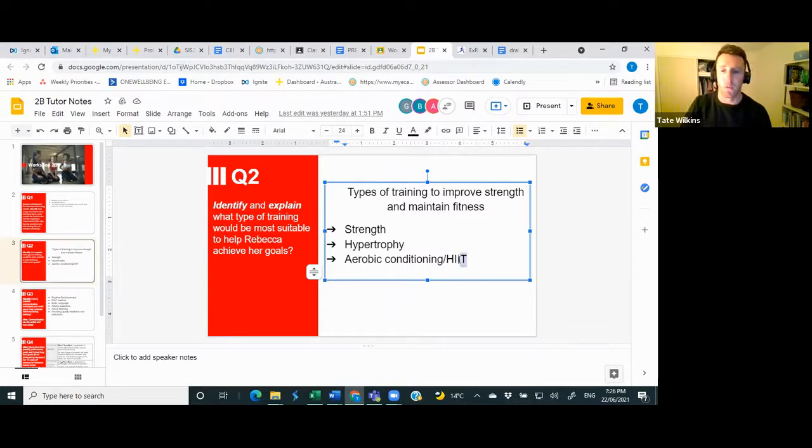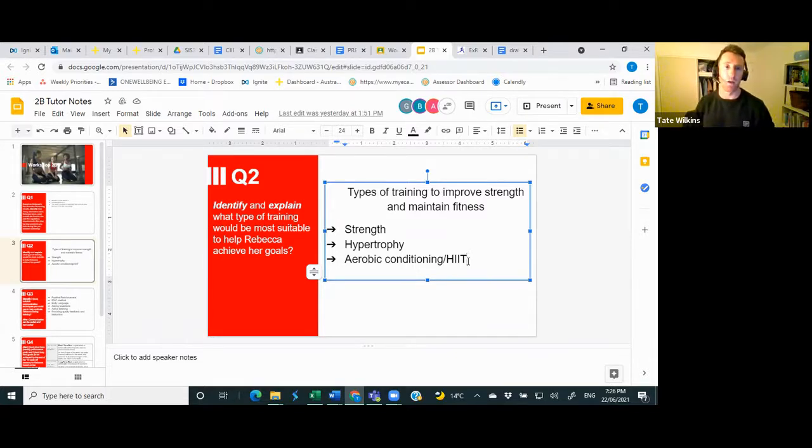The reason I put down a bit of HIIT training is that if her main focus is getting stronger in her lower body, doing too much cardio would almost counterbalance or contradict her strength goals. So this is where you might incorporate a bit of HIIT, because it wouldn't compromise her strength training.